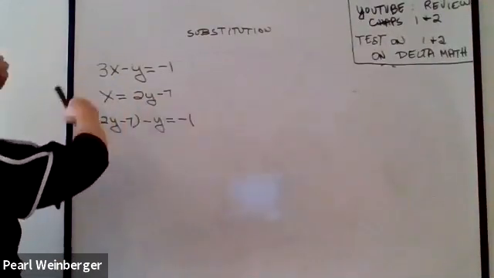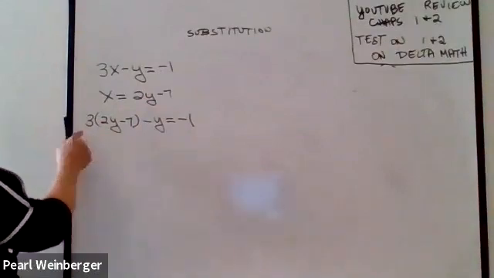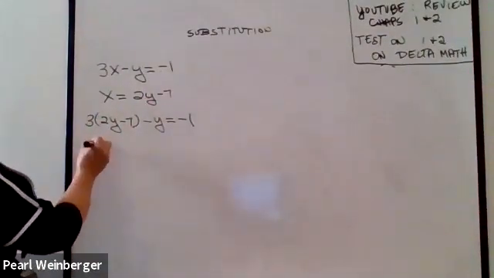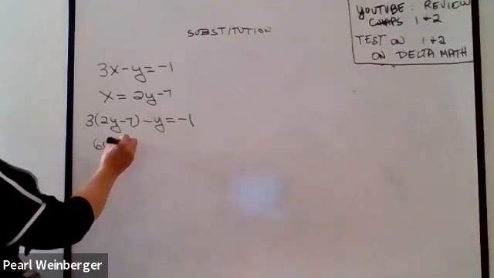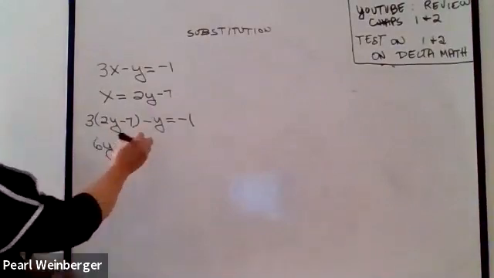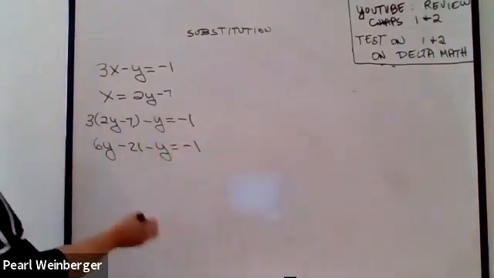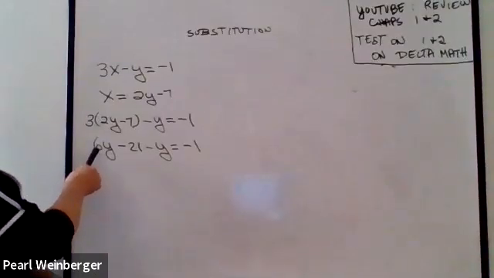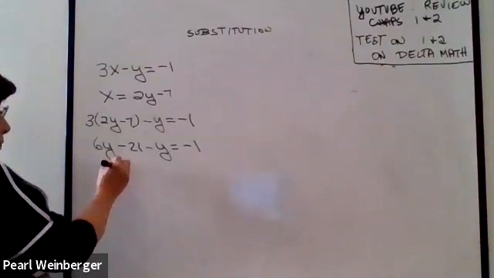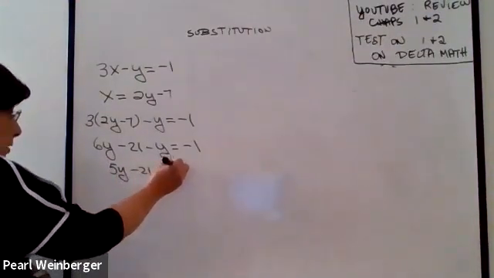And now this is a type of equation we learned to do right at the beginning of the term. I'm going to remove the parentheses, so that'll give me 6y minus 21, because I have to use the distributive property, minus y equals -1. I combine my like terms of 6y and -y, which gives me 5y, minus 21 equals -1.